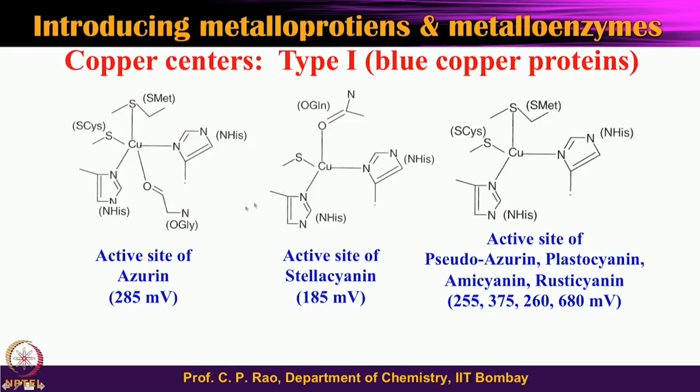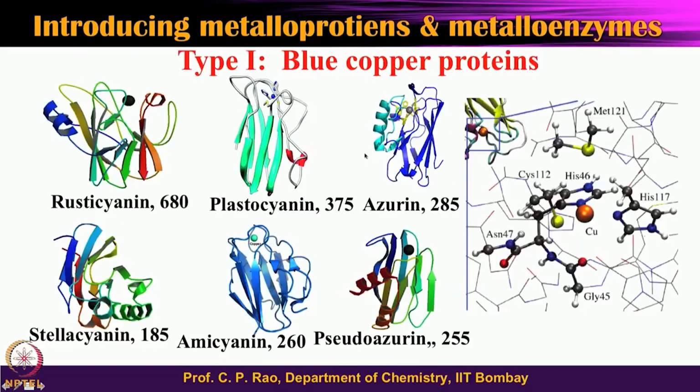Now, as you can see from this slide, you have a few different copper site structures and some more proteins. These are all type 1 containing ones. In this protein you have the copper center towards the top, and mostly these proteins are cylindrical in shape. The numbers that you see here, 680, 375, 285, etc., are the redox potential of the copper present in these enzymes.